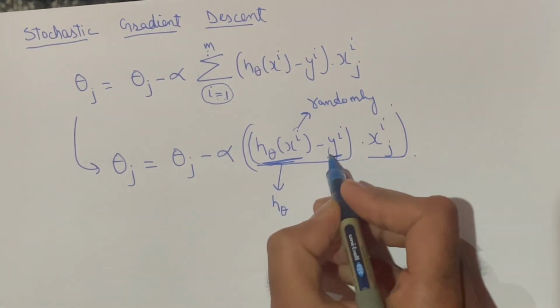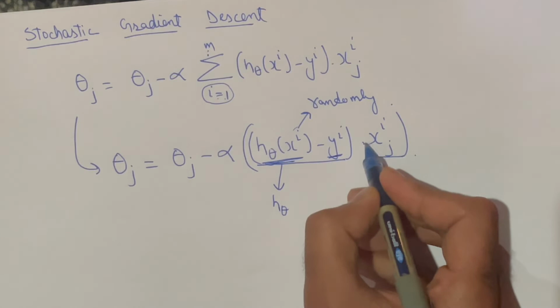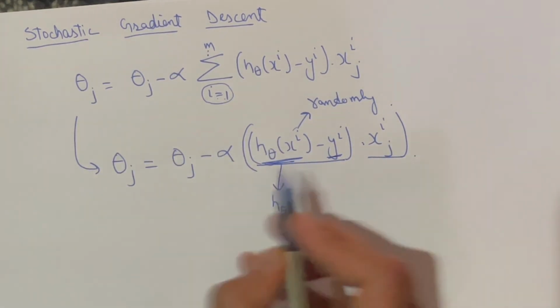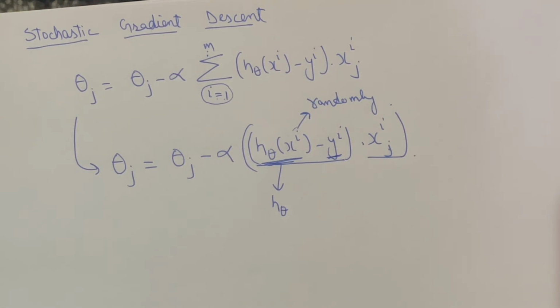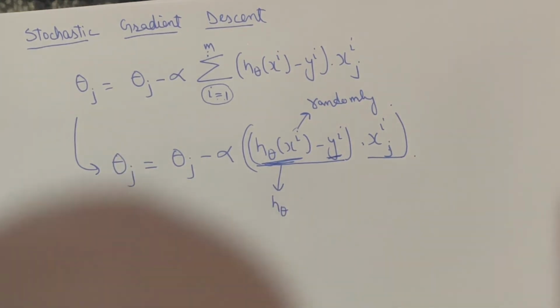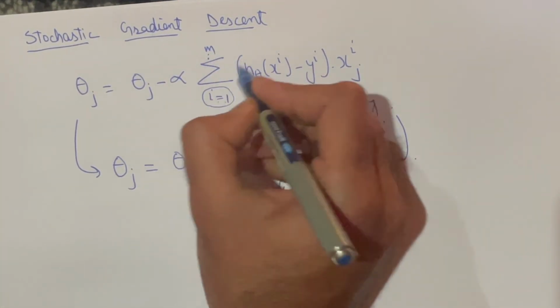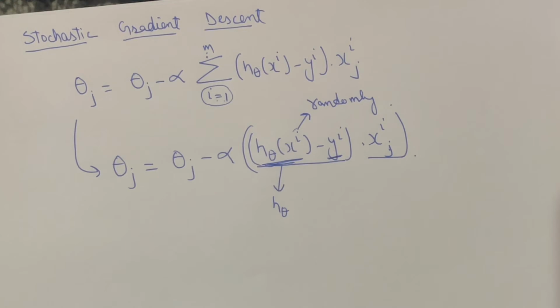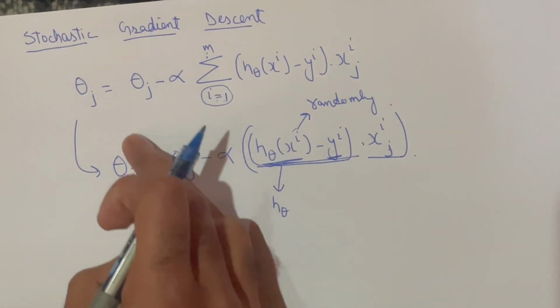We will find the output in the data set and do the subtraction, then multiply it with the jth feature of this particular example, and update theta j. So you can see that in batch gradient descent, the entire data set was used to update theta j, but here one training example at a time is used to update theta j.